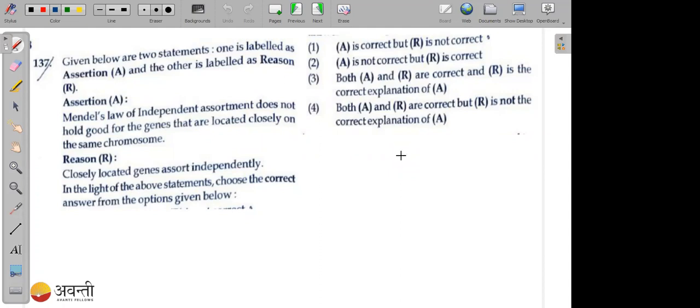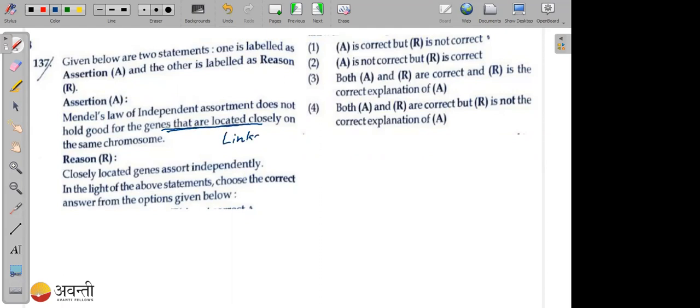The first assertion is, Mendel's law of independent assortment does not hold good for the genes that are located closely on the same chromosome. Whenever they say genes that are located closely, that means they are talking about linked genes, or we can say linkage.